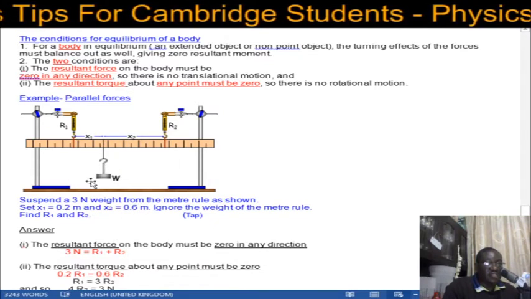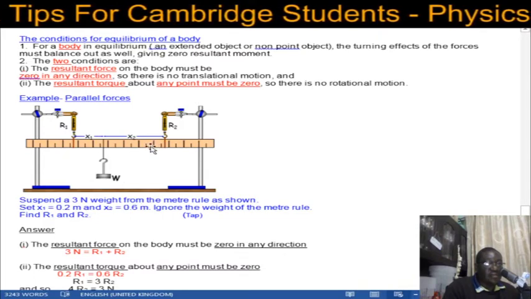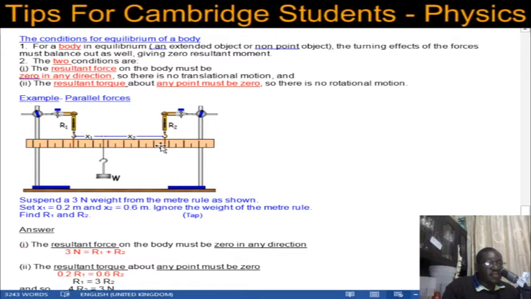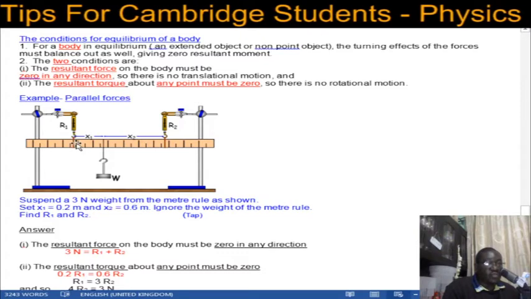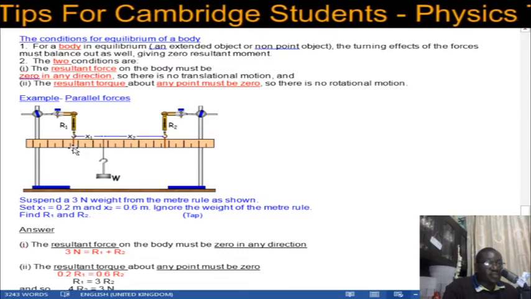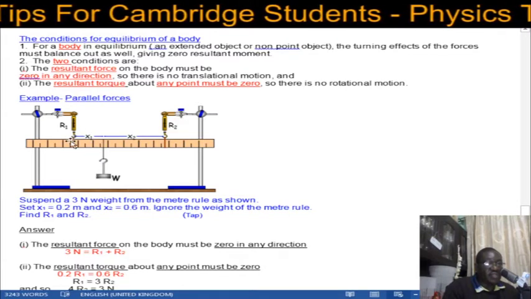Then the second condition for equilibrium, we can take moments about any point, and then we get 0. So suppose we take the moments about R1. So R1 becomes our pivot right at that point there. So we have our clockwise moment is W times x1.